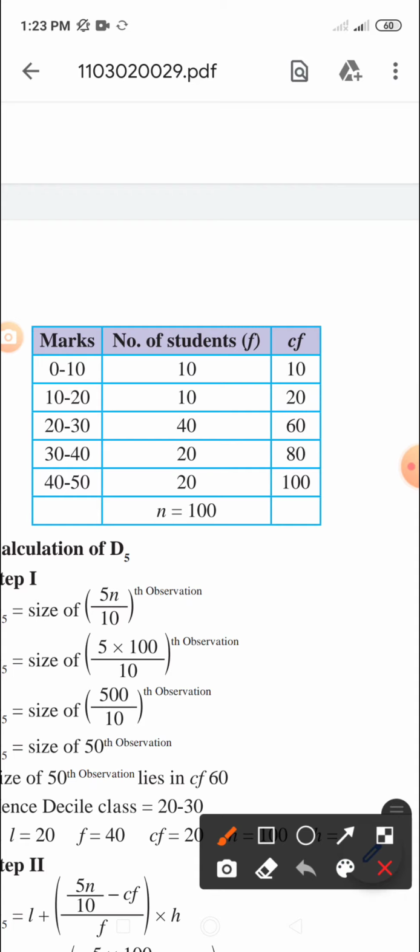So 70 lies in 80, not in 100, not in 60, because 70 is more than 60 and less than 100. That's why it lies in 80. So this is our class frequency and this is our decile class in case of calculation of D7, and this is our CF, that is the previous class CF.